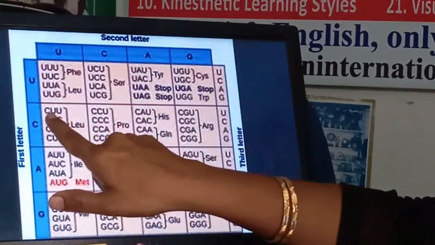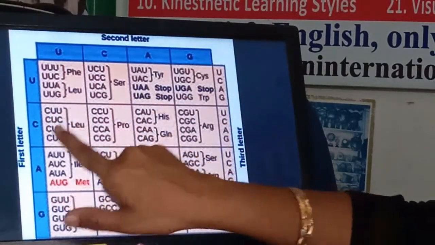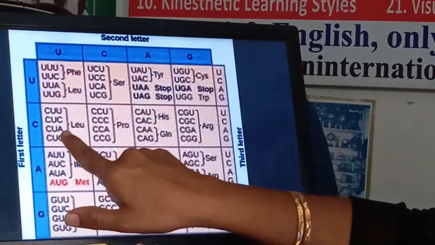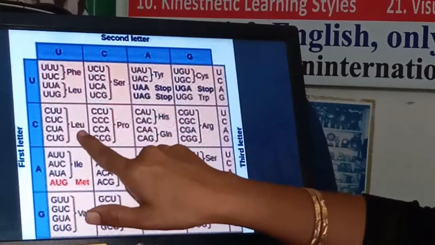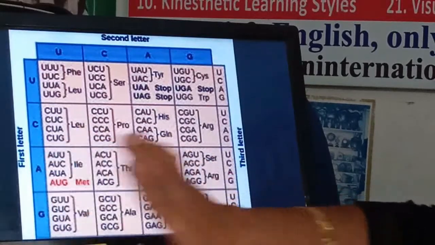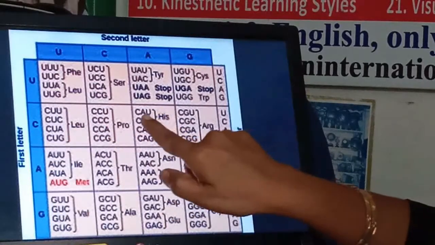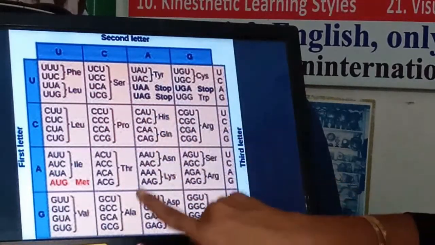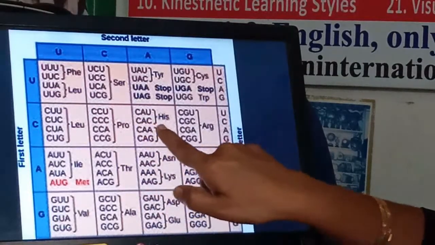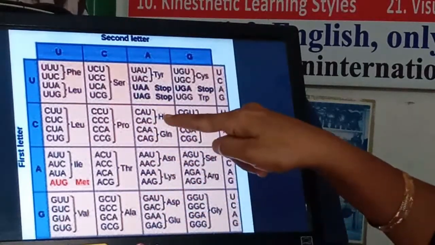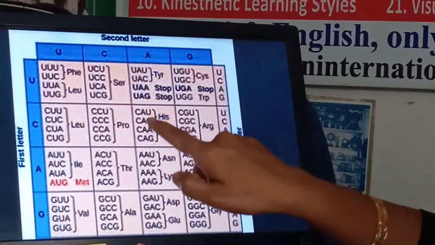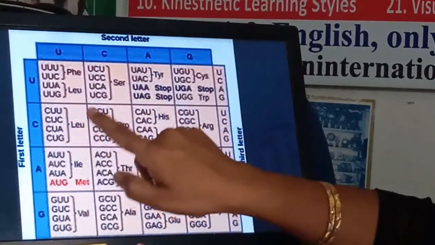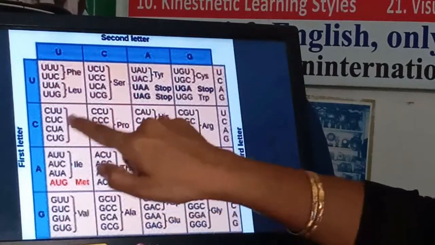Or CUU or CUA. Any of these four types of codons all code for leucine. Or again, you see CAU or CAC codes for histidine, right? So in this way, more than one type of codon codes for the same type of amino acid.